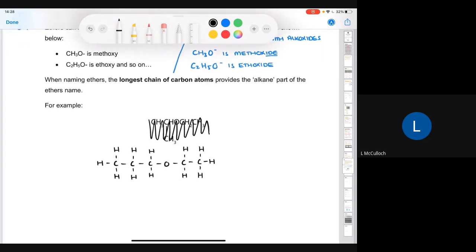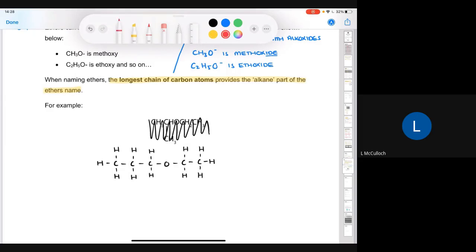Right, so what we've got here is an ether. Ethers are always quite distinctive because they've got two carbon groups on either side of an oxygen. Now, when we are naming this ether, the longest chain of carbon atoms provides the alkane part of the ether's name.